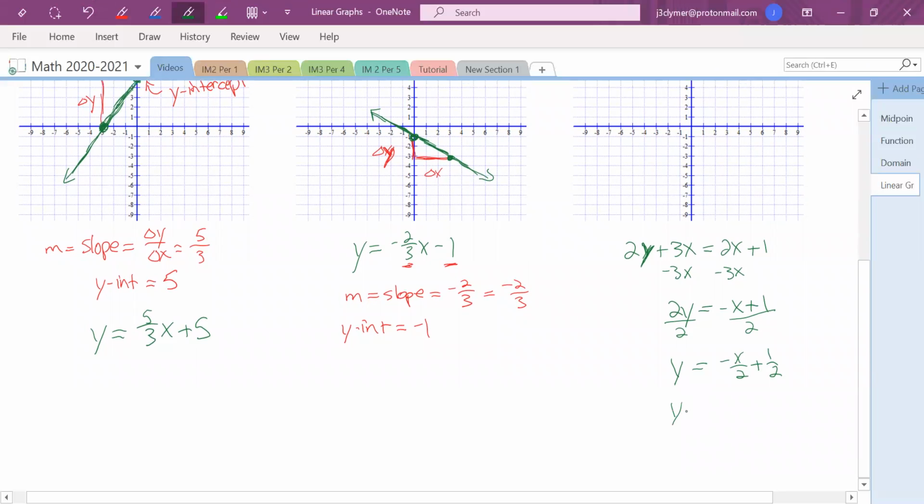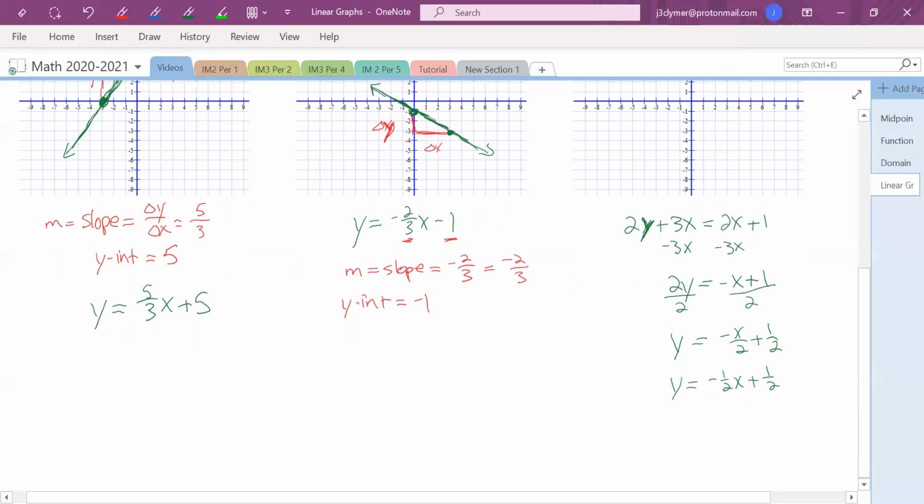Well, I'm going to change the form a little bit more. I want to say -1/2 times x plus 1/2, so I can easily see my slope. So -x/2 is the same thing as -1/2 times x. Those are identical. All right, so the slope, I'm going to identify with the red here. The slope is right there.